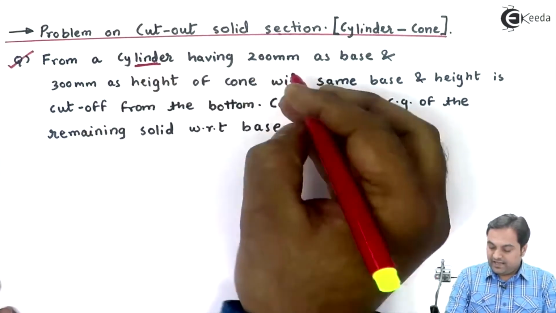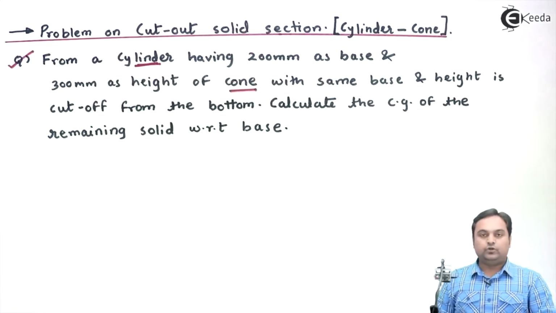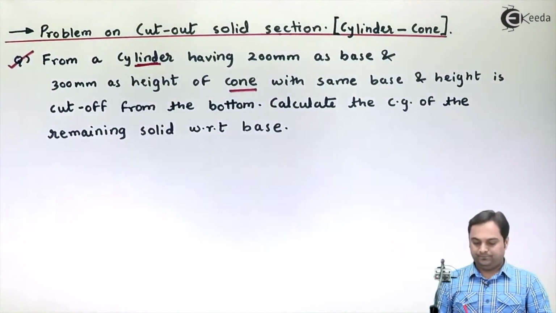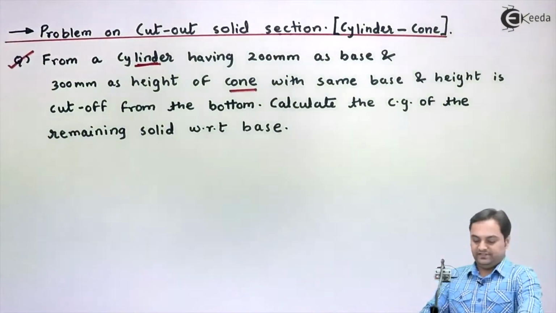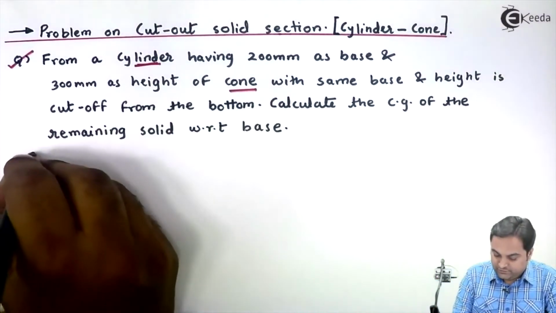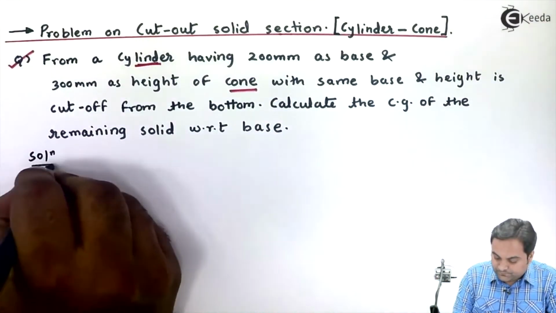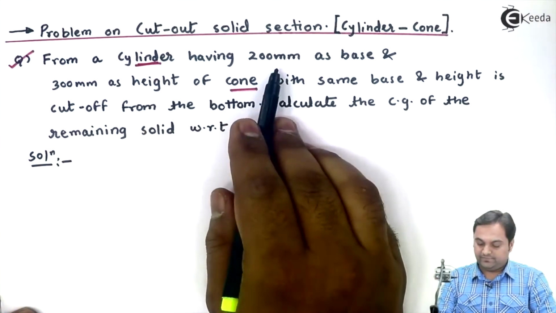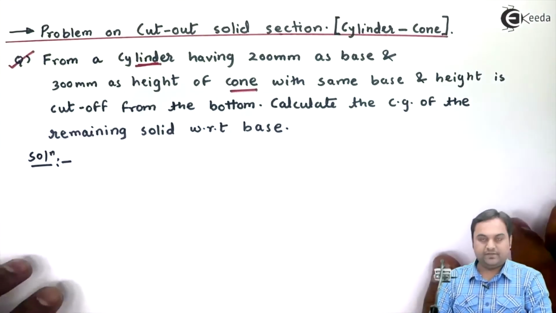Cylinder is there and here we have a cone. So first I'll draw the cylinder and from that I will cut the cone. So I'll write this as the solution. Here we are having cylinder of 200 mm diameter of base and 300 mm height.